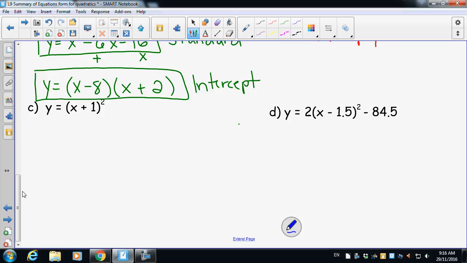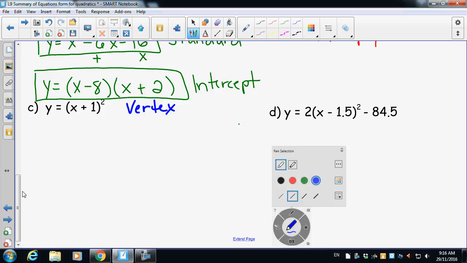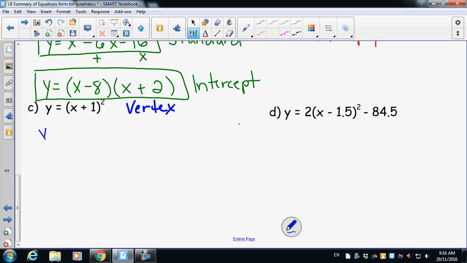All right, so I've got my vertex form. That one looks different because there's no number at the end. But it's still vertex form. Let me make that marker a little thinner. All right, so I'm going to do my algebra.